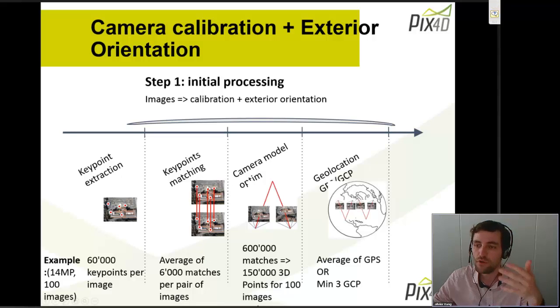So if you have two images taken from different locations, you should be able to say that the corner of this building here is the same as the corner of the building in the second image. To give just a scale of how many key points we are talking about, in a typical 14 megapixel image, the software would extract automatically around 60,000 key points per image.